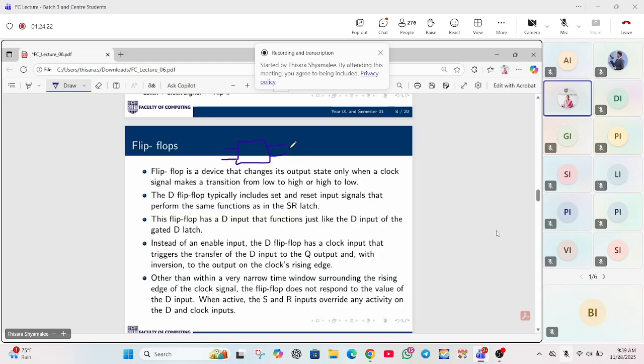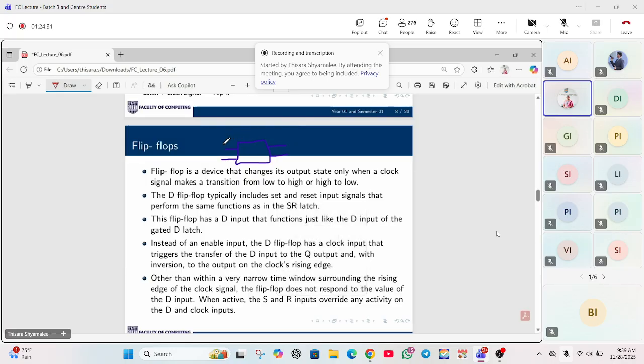Then if we add another signal called the clock signal, you can add it from the bottom or the top.